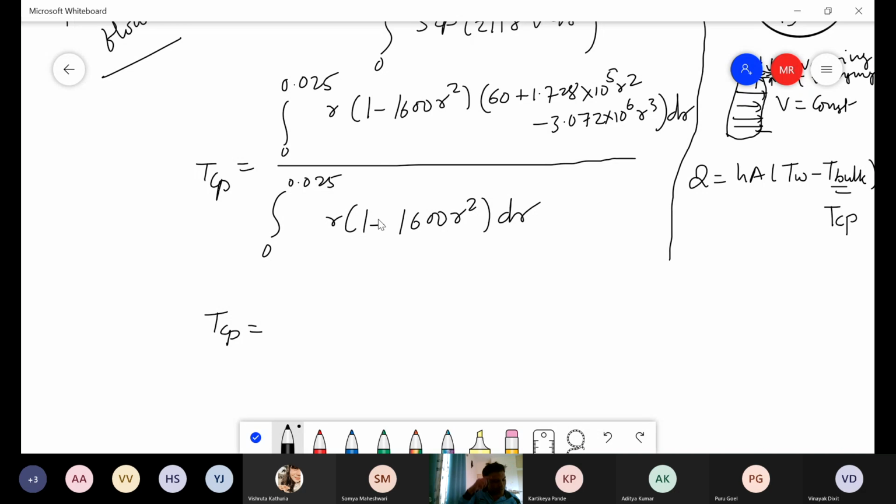The numerator and denominator will both have that factor of 0.5, so that will get cancelled out. Okay. Anybody, if you are having some high-tech calculator, you can calculate the integral directly. So calculate using the calculator and find out what is the value. I'm not sure whether this is correct or not, but check whether this is indeed the correct answer.